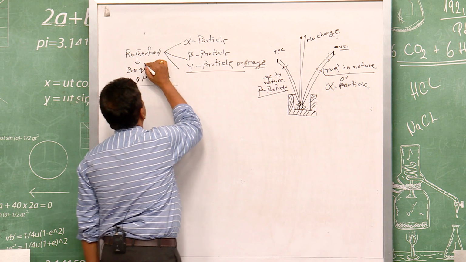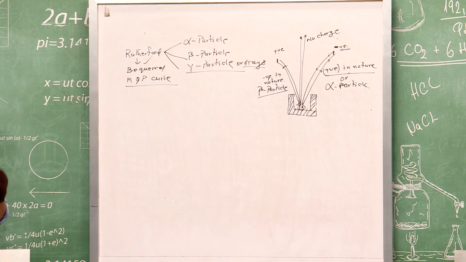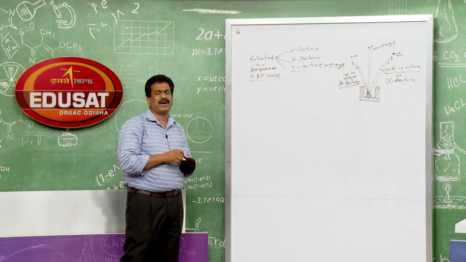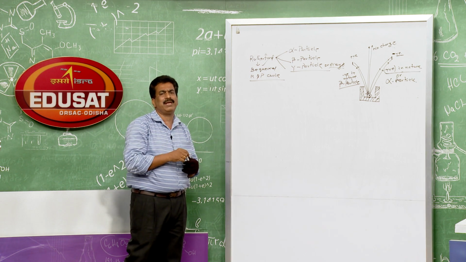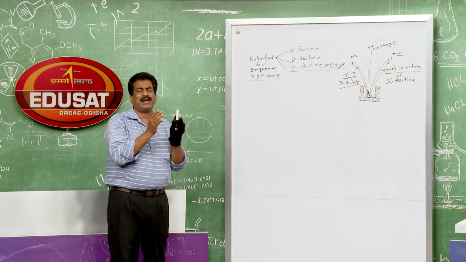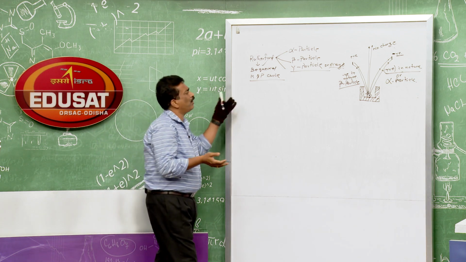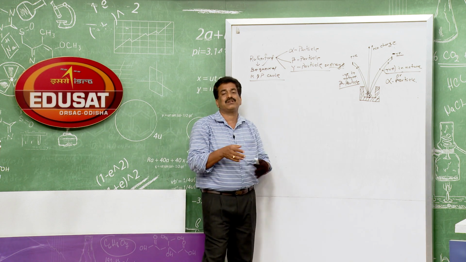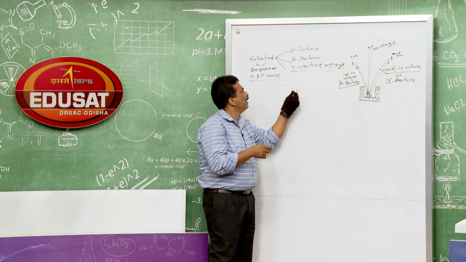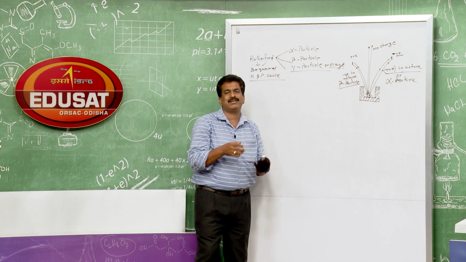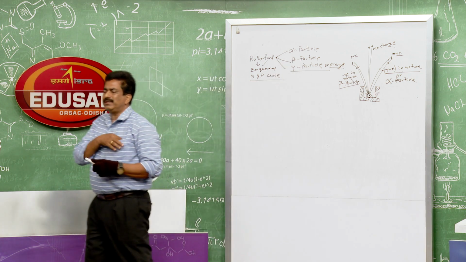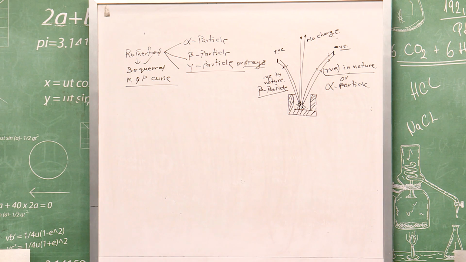So this demonstration was given by Rutherford, and from this it is clear that when a radioactive, that is, unstable, nucleus is placed, it tries to obtain stability by losing some of its energy in the form of invisible rays. Therefore, those rays will have different natures. So this is about the discovery of radioactivity. Next, if we go for the nature of the individual particles, let us now go for alpha decay.